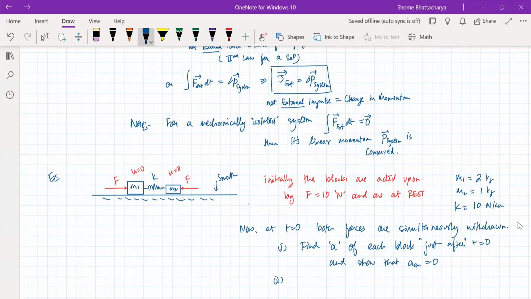Secondly, find the velocities of each block when the spring reaches its natural length.